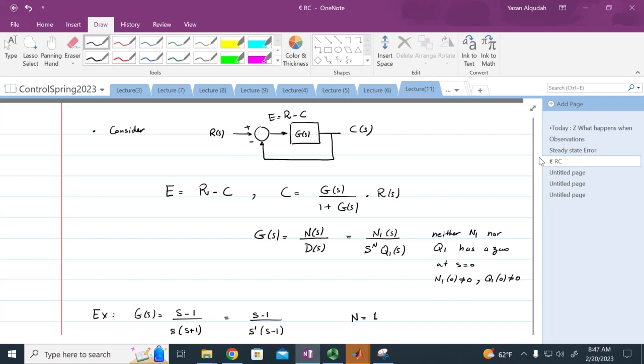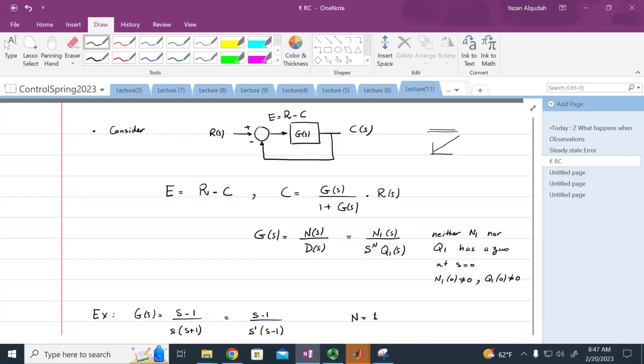Most likely, it's going to force that error to get smaller. Does that make sense? So it makes sense that the integrator is going to play a major role in determining the steady state error. If there is an error signal here, this error signal is very tiny, but then I have an integrator inside G of s, then this signal is going to start growing up, is going to drive the system to reduce that steady state error.